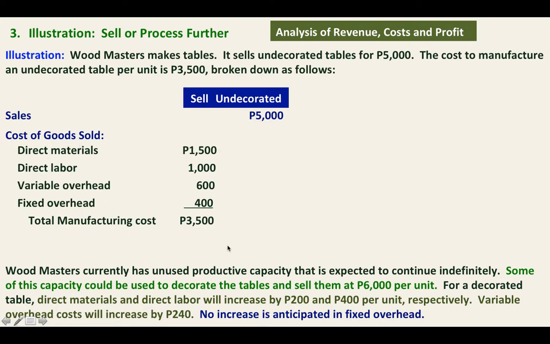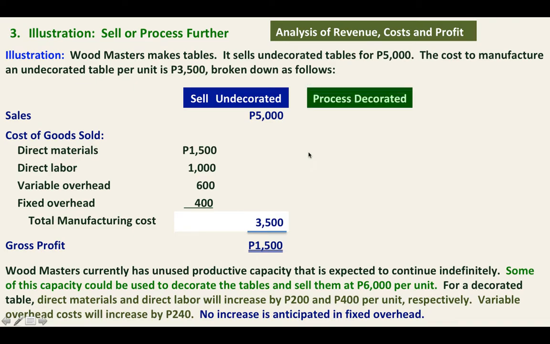Just to do a proper presentation, this 3,500 will be deducted from sales. So here you have a gross profit of 1,500. That is for undecorated.